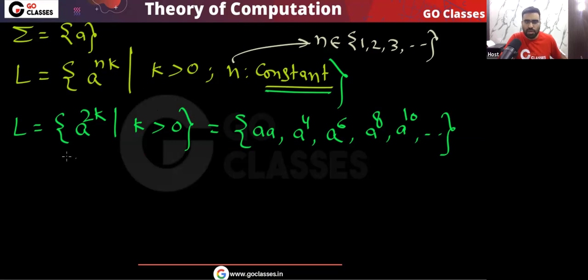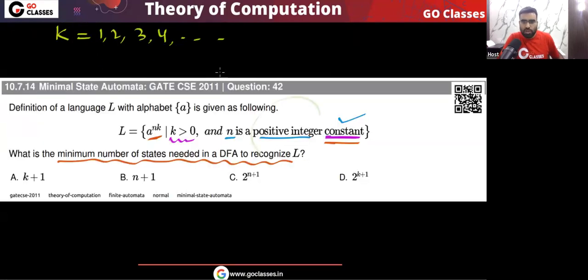Now for this language you can easily create the DFA. Remember here we are assuming n is 2, because n is a constant value, a positive integer constant. Positive integers are 1, 2, 3, 4 and so on. Remember 0 is neither positive nor negative.